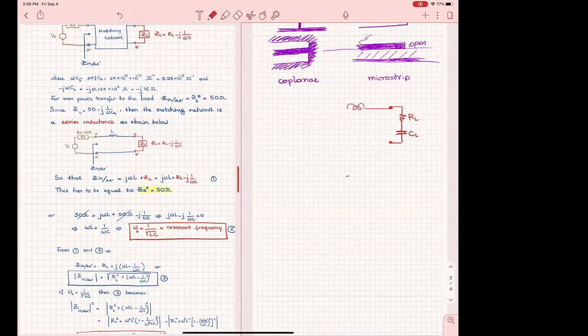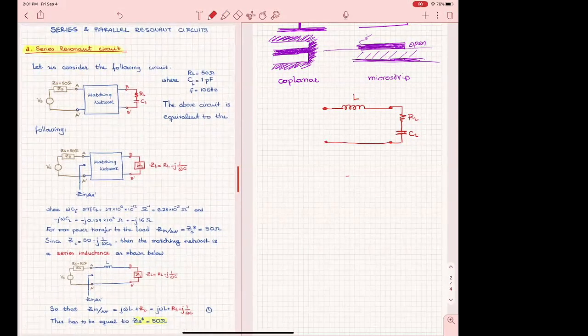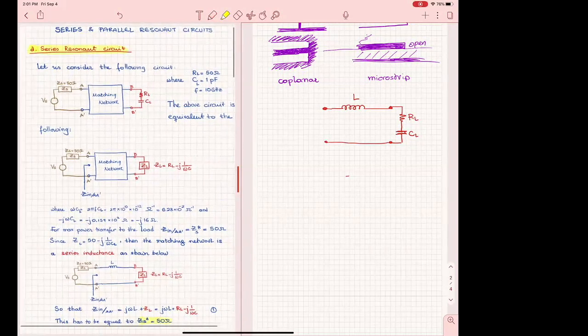It's kind of ugly. Okay. And then I'm going to choose the value of this inductor so it cancels the reactive part of my load. Now, why did I do that? Because RL has been given to us to be 50 ohms.